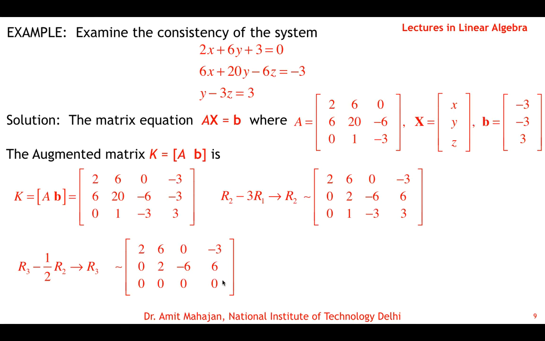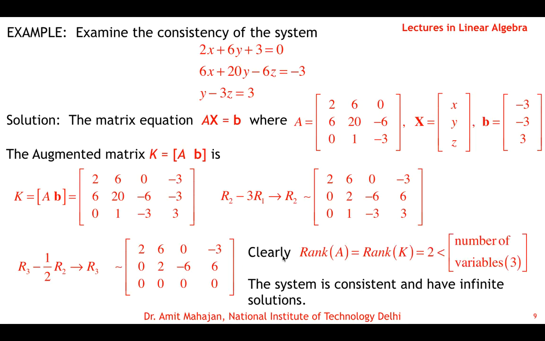Since the third column is a free column, or a non-pivot column, this system will have infinitely many solutions. So clearly rank of A equals rank of K, which is 2, but the total number of variables is 3: x, y and z. So the system is consistent and has infinitely many solutions.